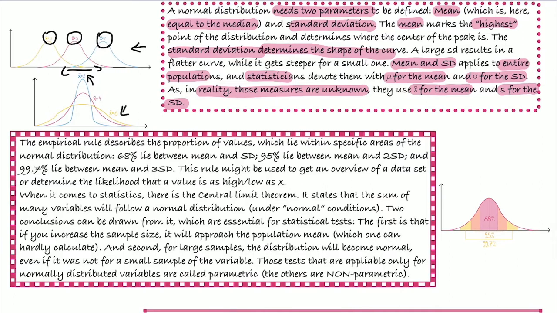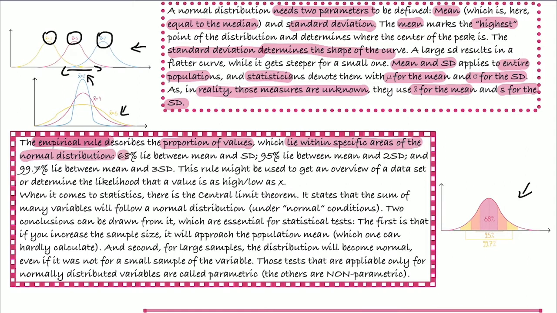Now let's talk about the empirical rule, which describes the proportion of values that lie within a specific area of the normal distribution. If you take a look at the drawing, it might be easier to understand what I'm talking about.